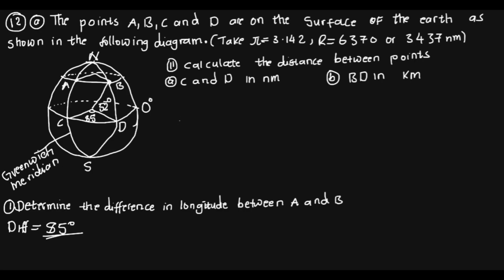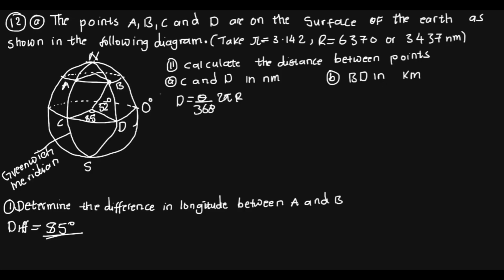C and D, so this is along the equator. So the formula is distance is equal to theta over 360 times 2 pi r cos x. Now since we are looking at the one along the equator, we can ignore cos x, since we're just going to have cos 0, and we know that cos 0 is equal to 1.